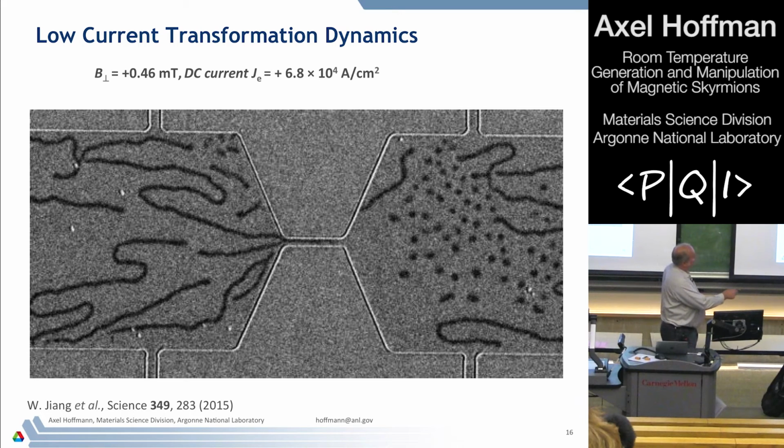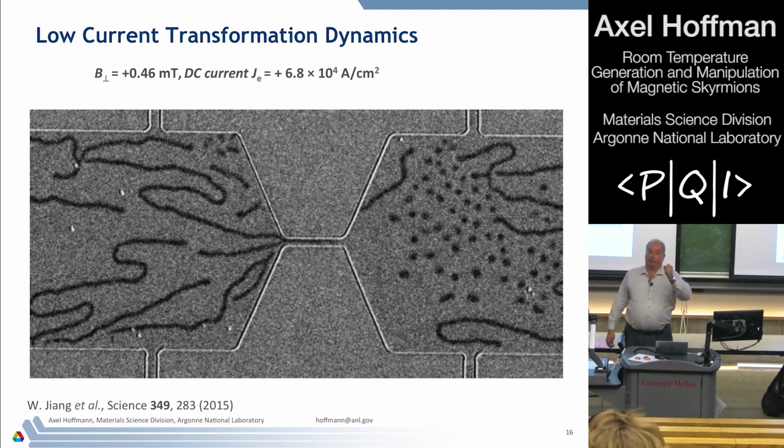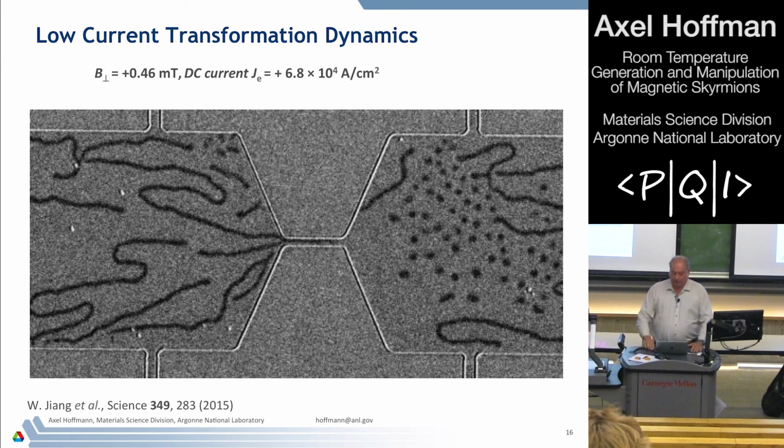And so it whips this stripe, this band domain, into individual bubble domains, which really look like individual particles. In fact, there's an apparent repulsive interaction between them. You never see them merging. The new ones push the old ones away. And it turns out that they have exactly this skyrmion spin texture because of this Dzyaloshinskii-Moriya interaction at the interface.